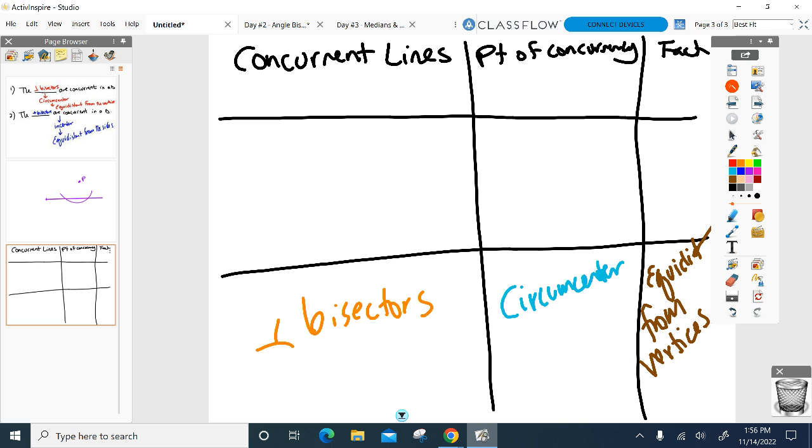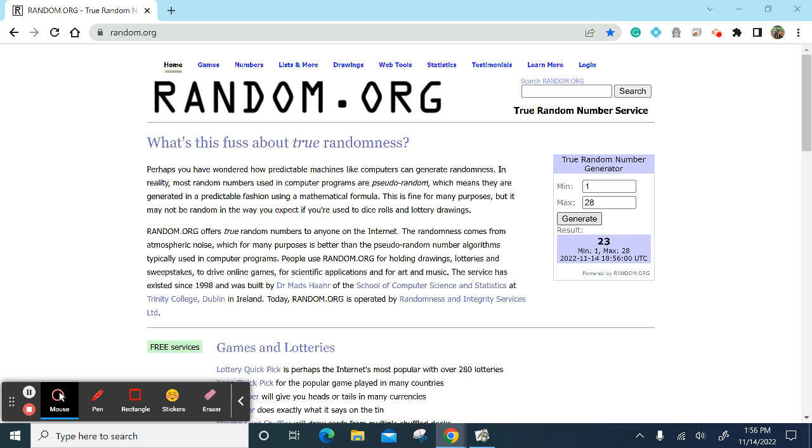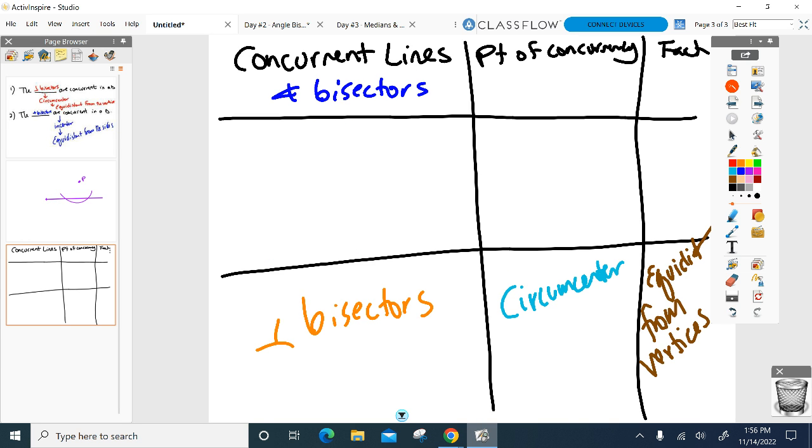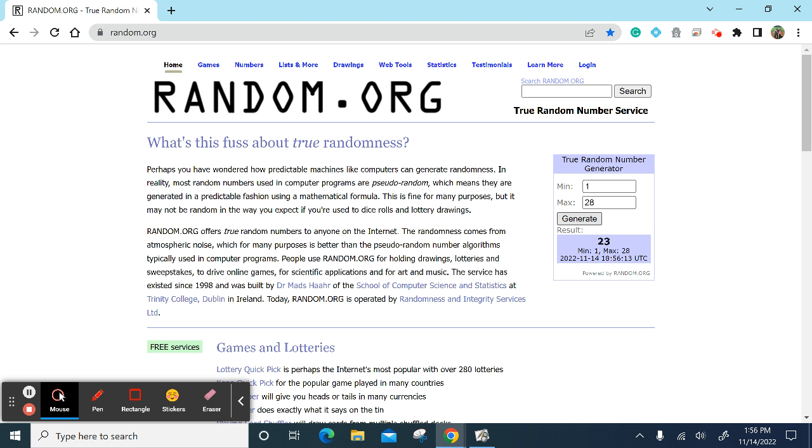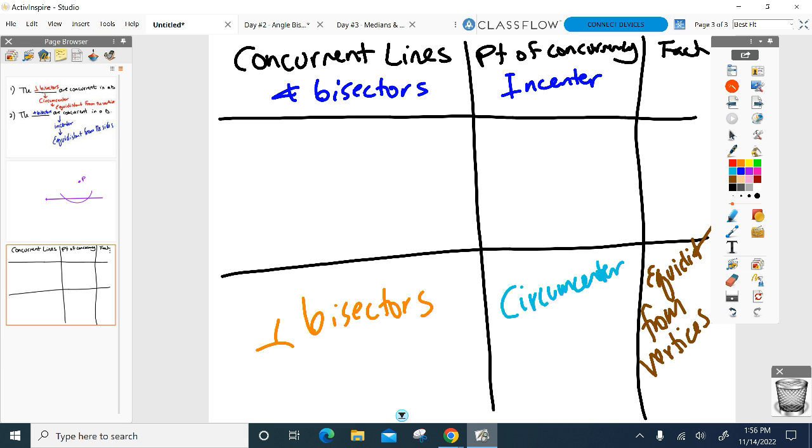23, give me another vocabulary term. Angle bisector. 23, point of concurrency. The incenter. 21, fact.